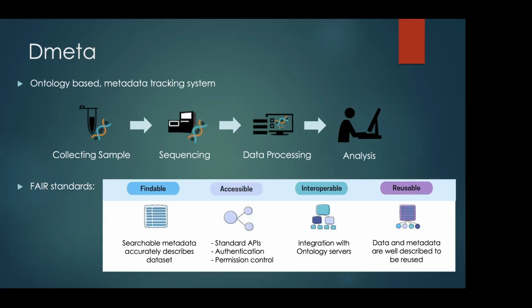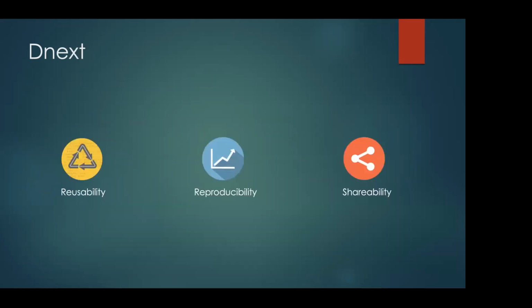When you create this kind of metadata tracking system, you have the possibility to integrate different types of data by using similar or the same annotations, same gene names, or by mapping gene names to protein names.